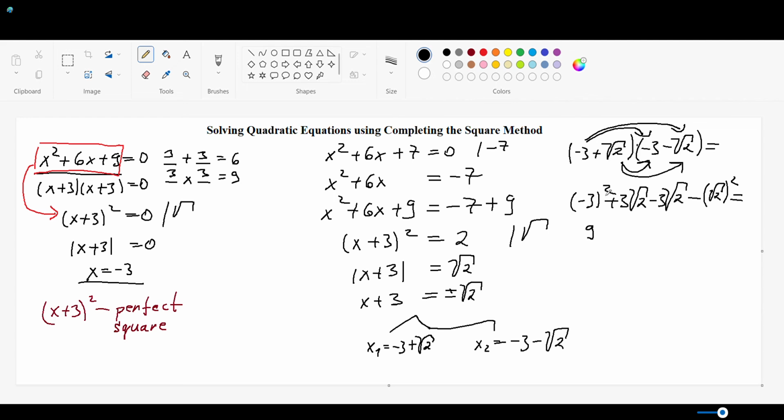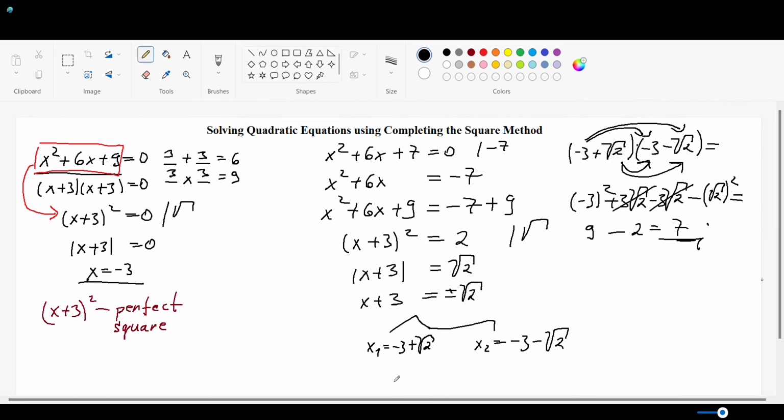The negative 3 squared is 9, and as you can see these middle terms cancel each other, so it becomes 0, and now we take away square root of 2 squared, which is 2, and this gives me the number 7. So this was a quick check for the solution.